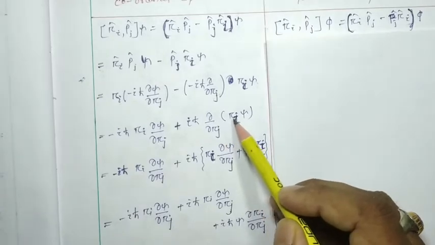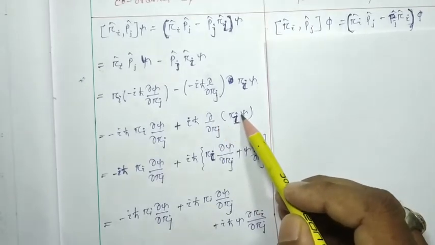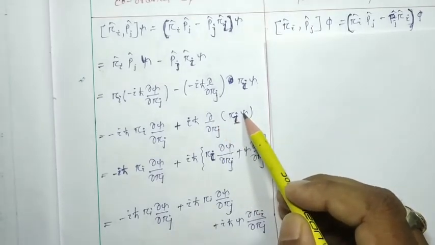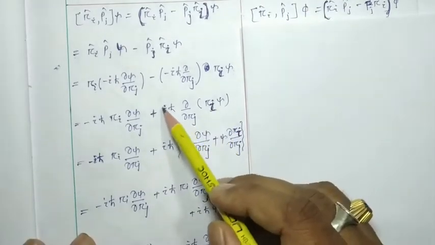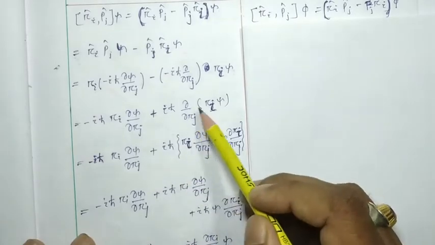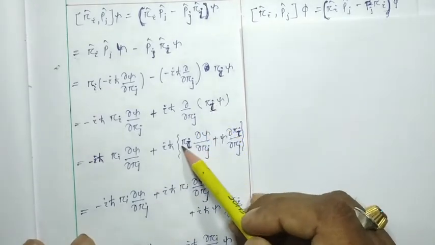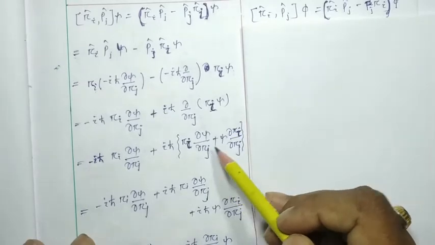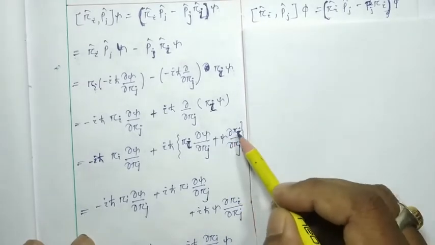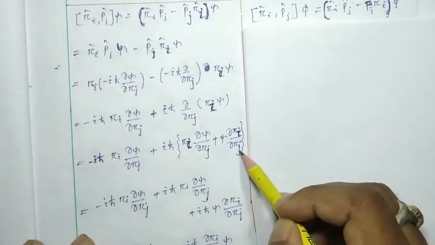So here this is a simple derivative. Differentiation we are going to consider by the product rule, that is i h cross will be here, first I consider Ri, then del psi by del Rj plus psi will be here del Ri by del Rj.